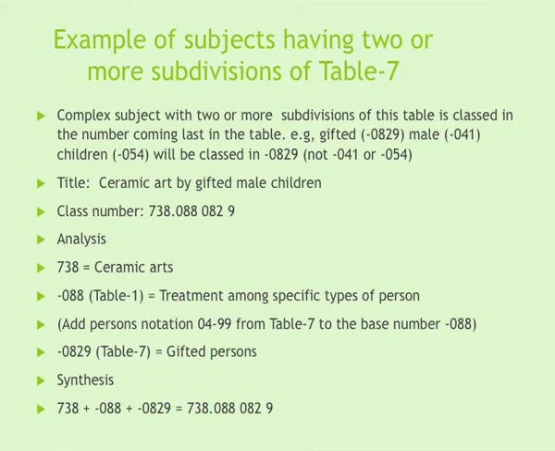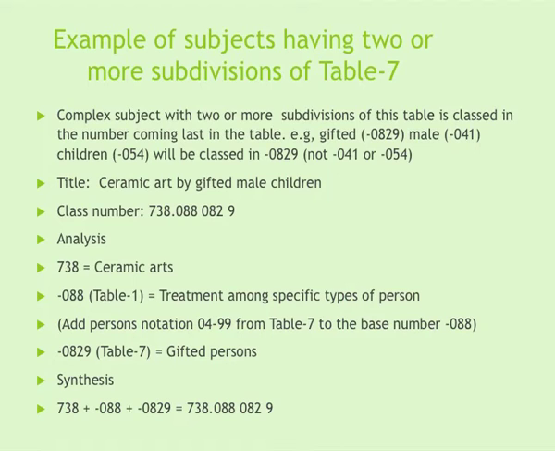So, for example, ceramic arts by gifted male children. Here gifted persons, males and children are 3 different groups and we find different numbers. For gifted persons 0829, for male persons 041, and for children 054.